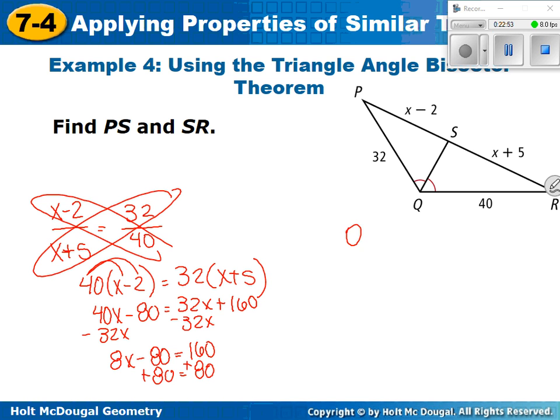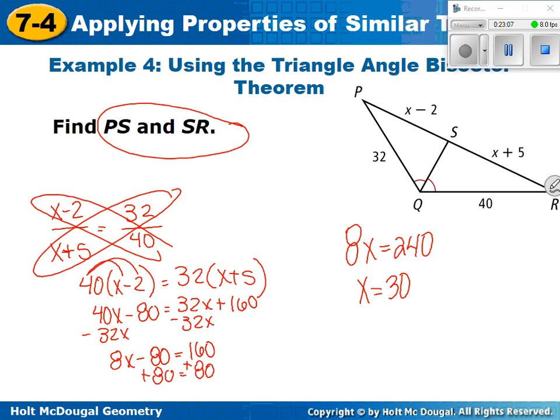We have 8x equals 240. So x is equal to 30. Anybody not get 30 still and not sure where we went wrong? Okay, is that our answer? No, be careful. Find PS and SR. So PS should equal 30 minus 2, which is 28. And SR should equal 30 plus 5, which is 35. So these are our two answers.